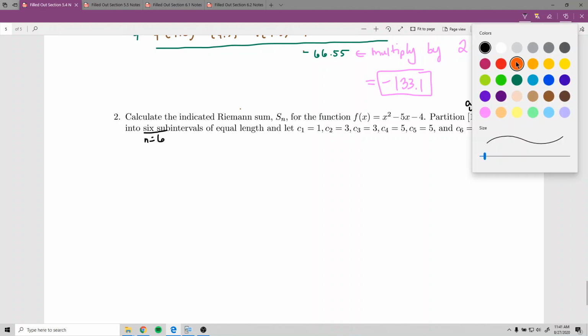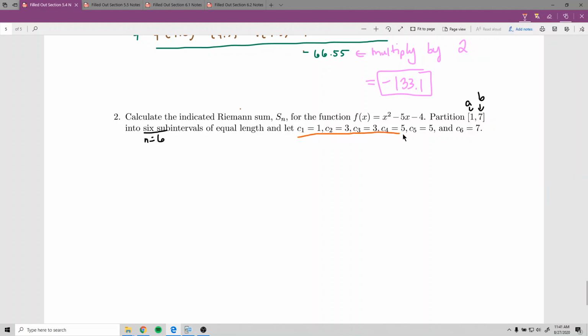And we're given all the numbers to plug into the function. All right, but I'm going to do what I did before and just do b minus a over n first.